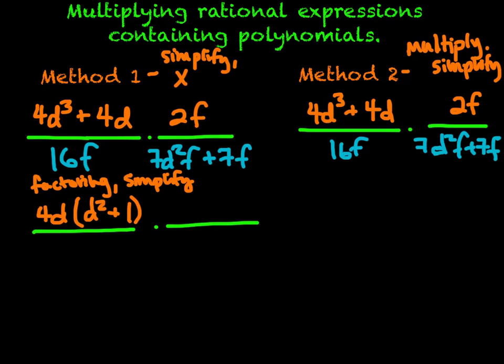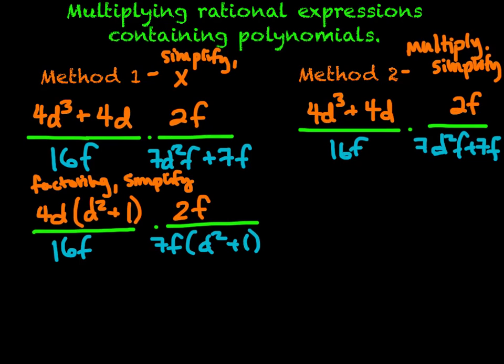We have a 2f. There is nothing for simplification that we can do. However, over here on this bottom part, we have 16f, and again, we can't do anything. And on this lower part right here, the 7d squared f plus 7f, we definitely can simplify that. We can take out a 7 and an f, and we're left with d squared plus 1.